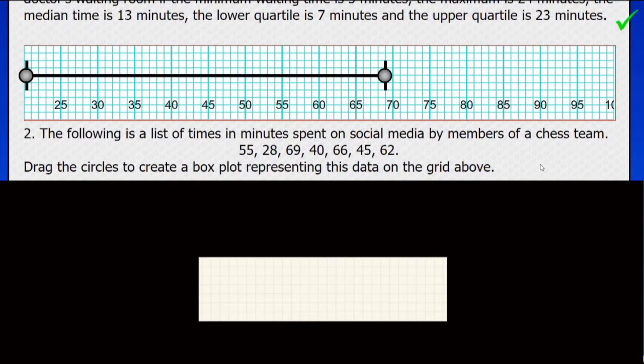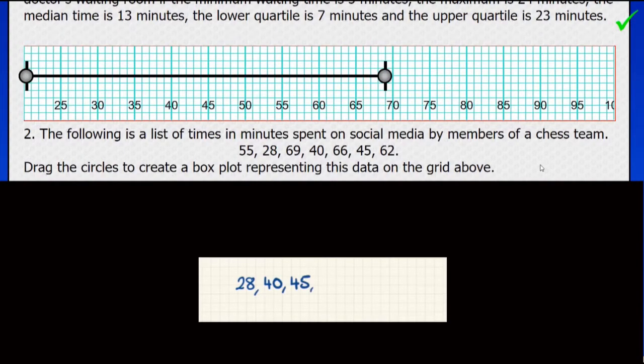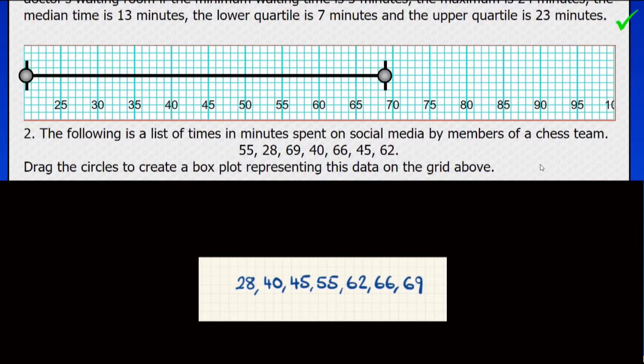So let's write down the numbers in order. I've got 28, then 40, then 45, then 55, then 62, 66, and 69. Right, so we have 7 numbers altogether.